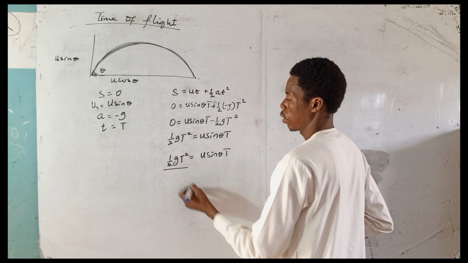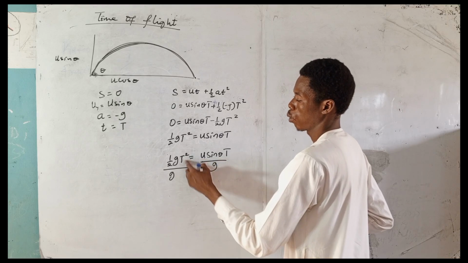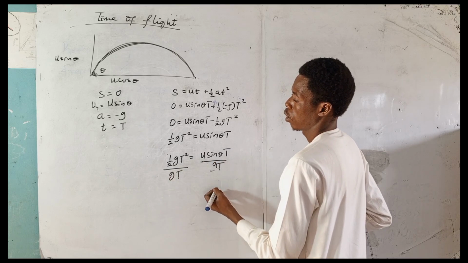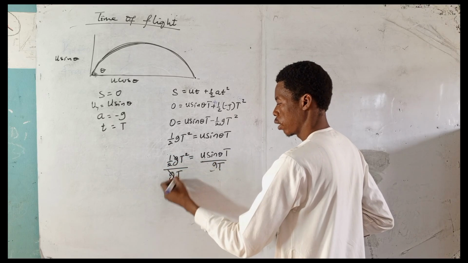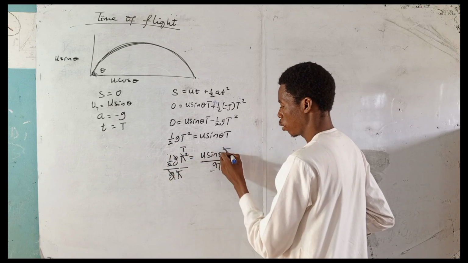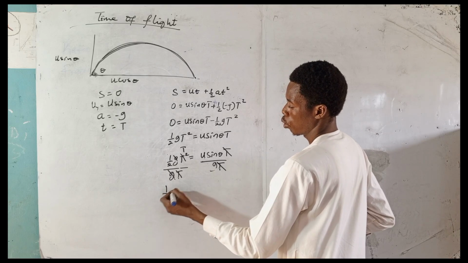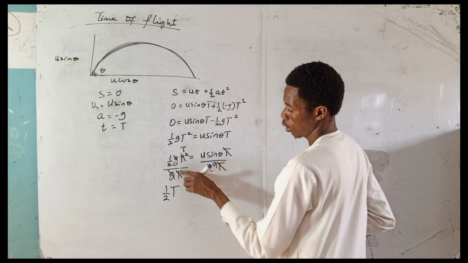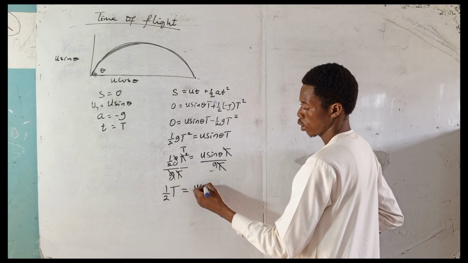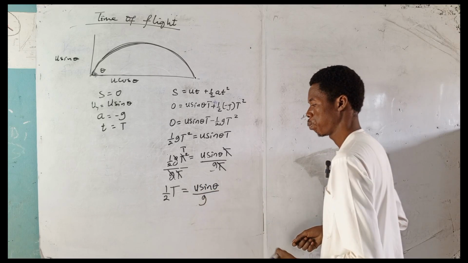Divide both sides by g, and t is squared also, so let's divide by t to cancel t. g cancels g, t cancels t, t will remain, and then this t also cancels this t. We will have 1 over 2 t equals u sine theta divided by g.